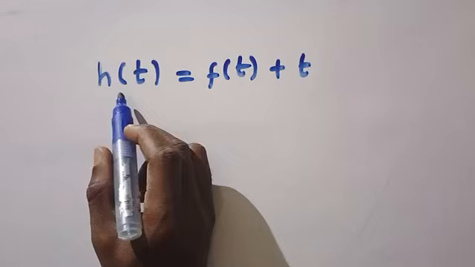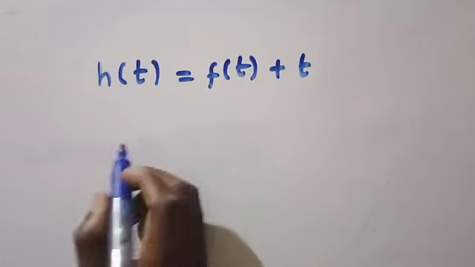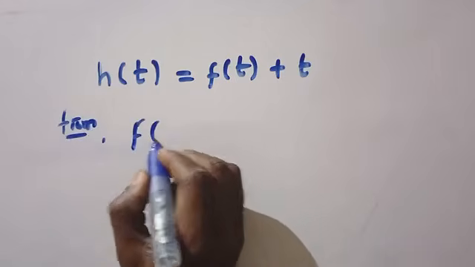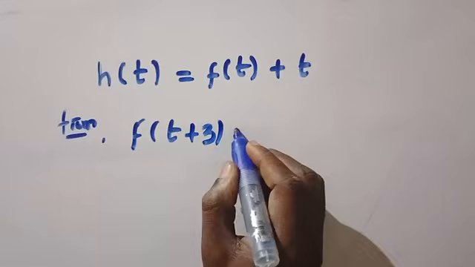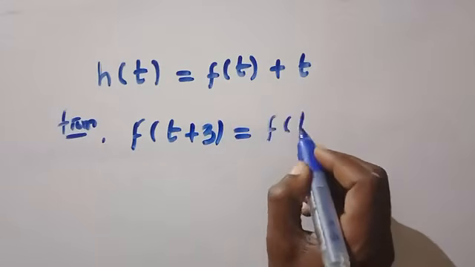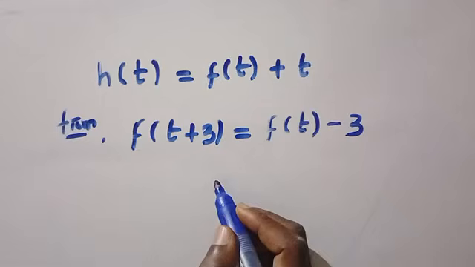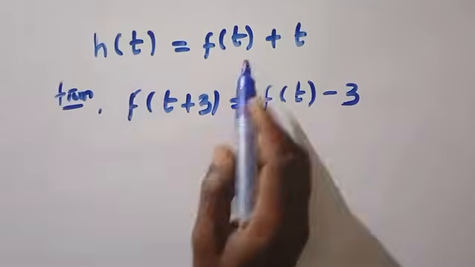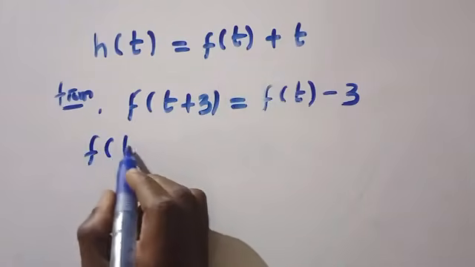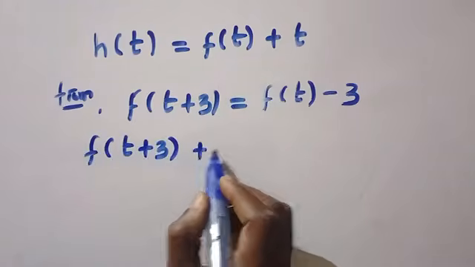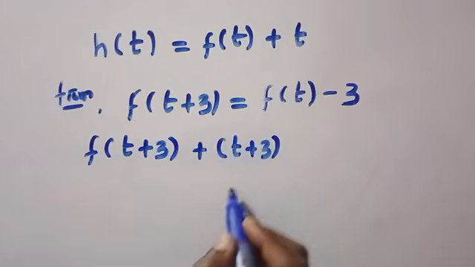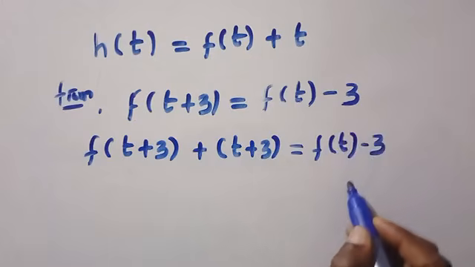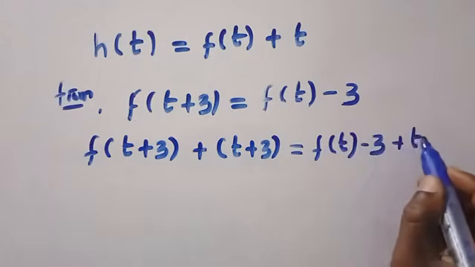If h is the periodic function, and if you recall from the equation we derived, f of t plus 3 gives us f of t minus 3. Suppose I add t plus 3 to both sides, I want to derive something of this form. We are going to have f of t plus 3, then plus t plus 3, equals f of t minus 3, then plus t plus 3.